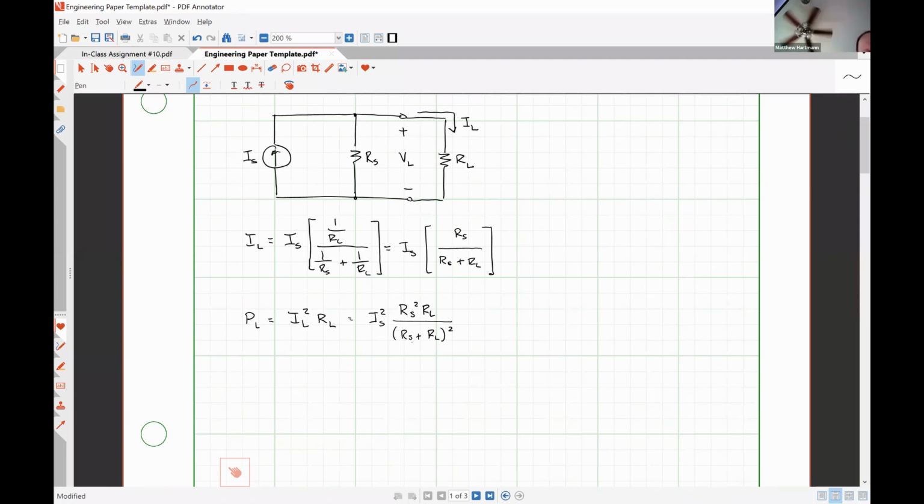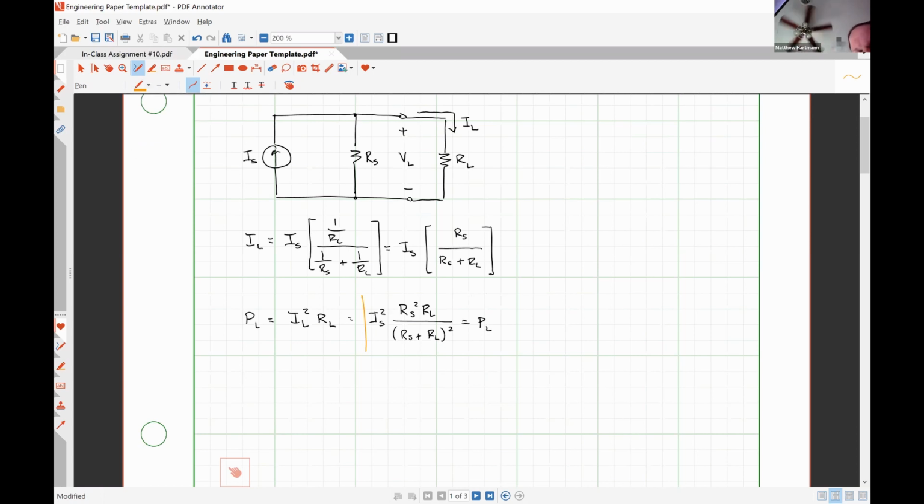So this relationship is an important one in this problem. And actually, let me go ahead just to make it super clear, this is equal to the power absorbed by our load resistor.